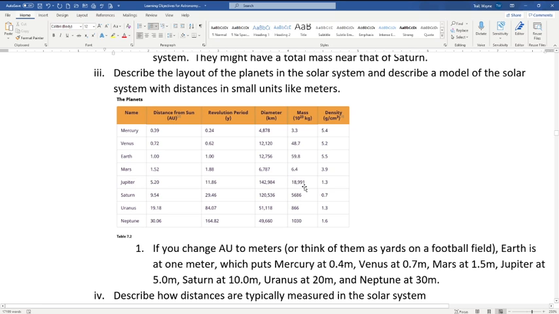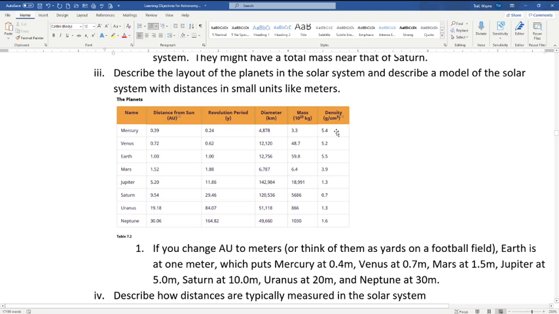But Jupiter is roughly 300 Earth masses, right? Saturn is about 100, and Uranus and Neptune are about 15 or 16. So it gives you a little bit of the relative size of these things.